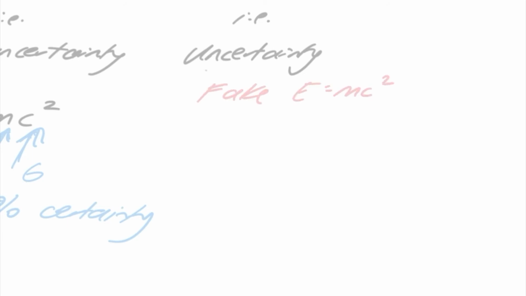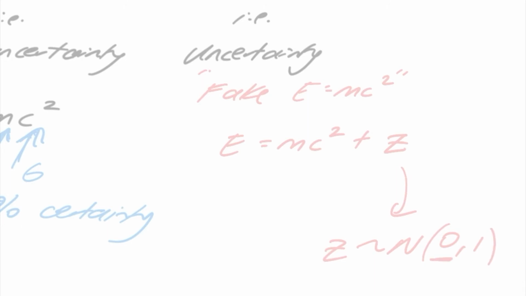Instead of E being equal to mc squared, it's now E equals mc squared plus, I don't know, Z, where Z is normally distributed with mean 0 and standard deviation 1.